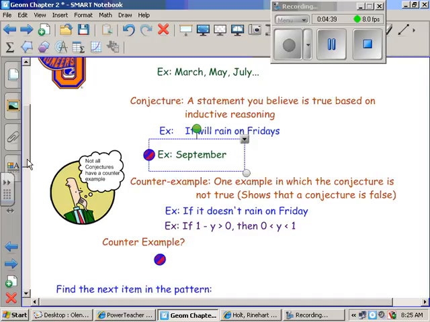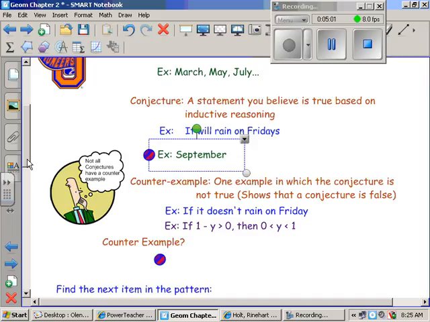A counterexample is a specific example that proves that what you guessed is not true. So if it doesn't rain this Friday, that would be a counterexample to our conjecture that it's going to rain on Fridays.